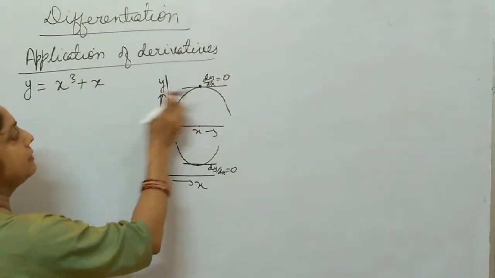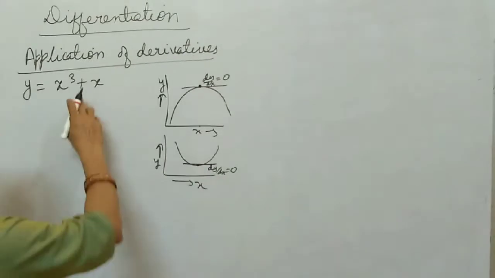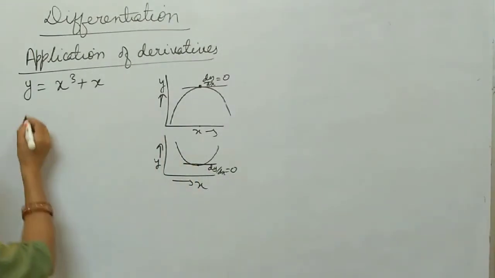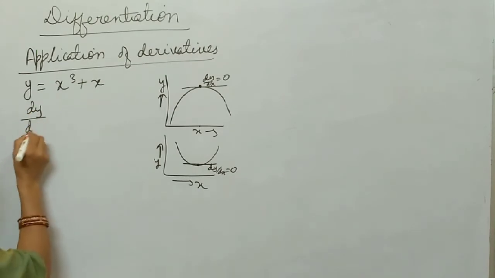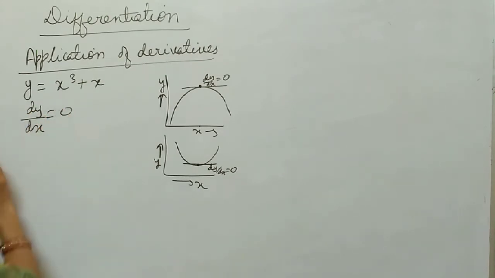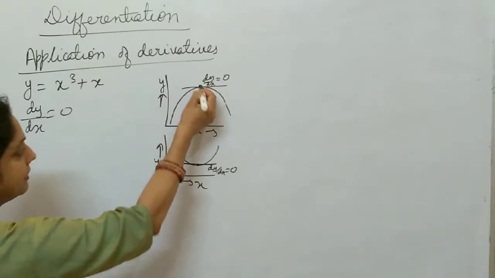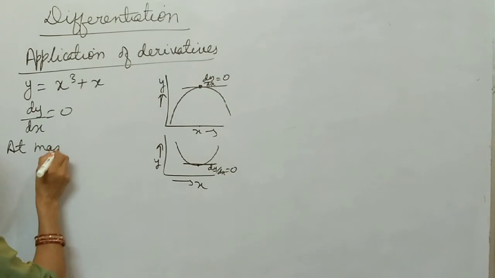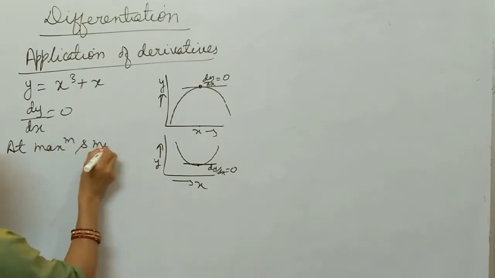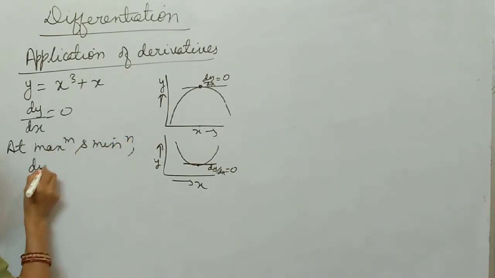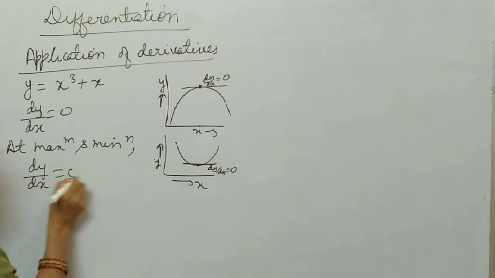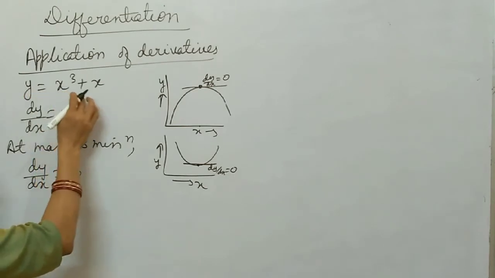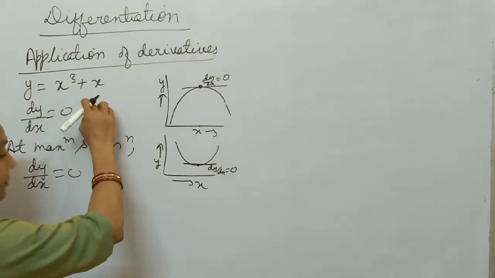So how do you find the value of the unknown quantity x at which y is maximum or minimum? You just differentiate this with respect to x, because at maximum and minimum, the slope is 0. It means dy by dx is 0. And if you put dy by dx equal to 0, you can easily get the value of x.